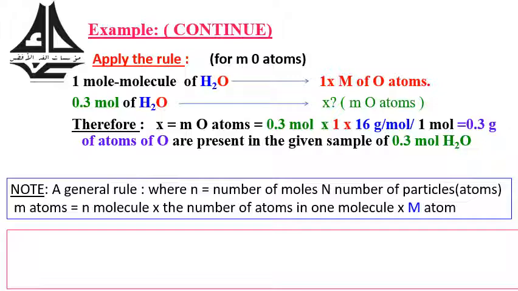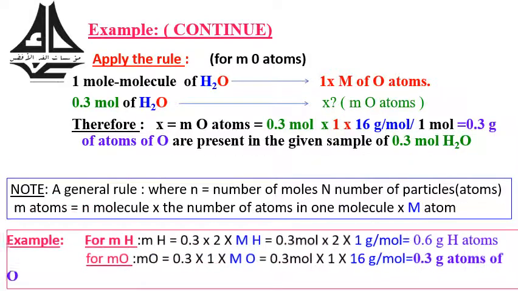We have a note, okay, another general rule other than the golden rule, where small n is the number of moles and capital N is the number of particles, here the atoms in a molecule. So the mass of the atom could be calculated by this rule: mass of the atoms in a sample of molecule equals the number of moles of the molecule times the number of atoms in one molecule, which is represented by the subscript, of course, times the molar mass of the atom.